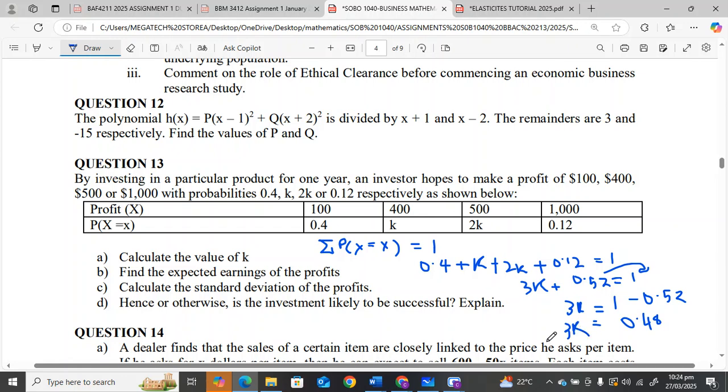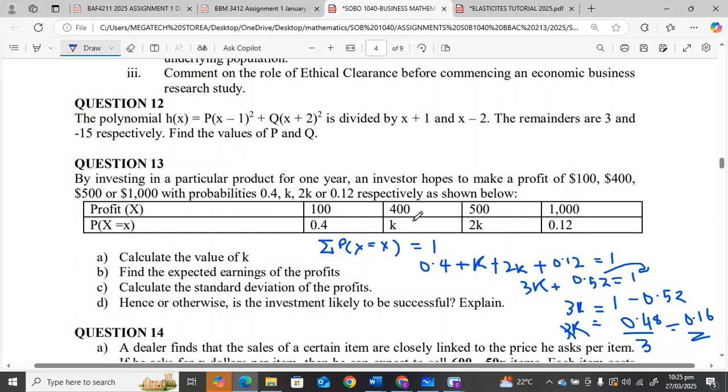So to find the value of K, we divide both sides by 3. So 0.48 divided by 3, what do we get? That is 0.16. Colleagues, confirm, is it 0.16? Yes.